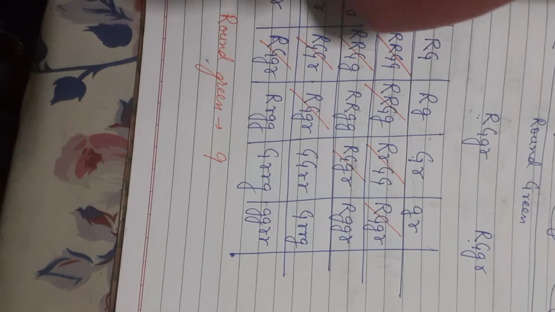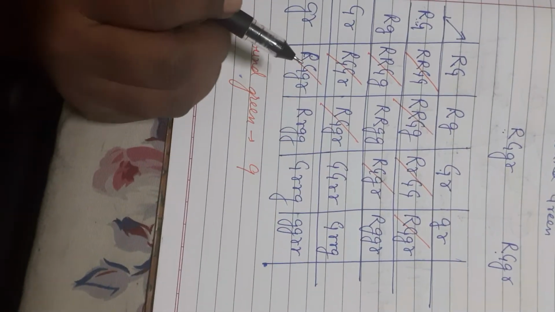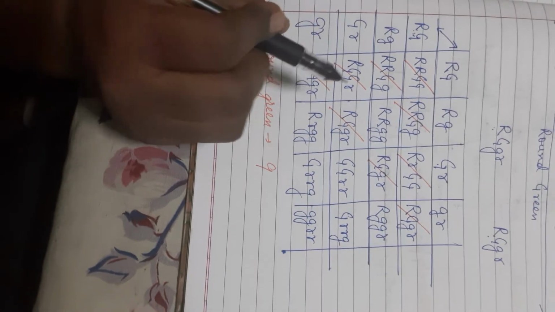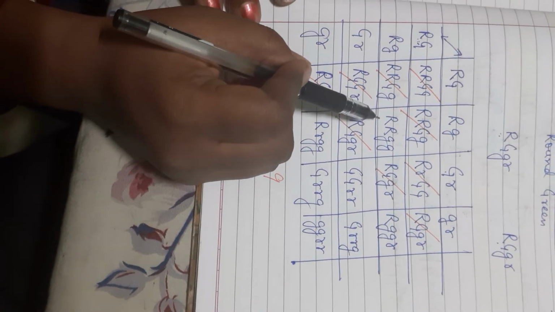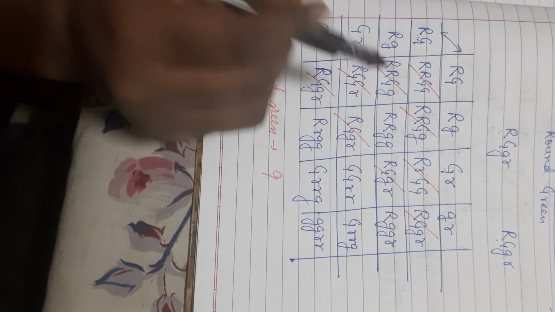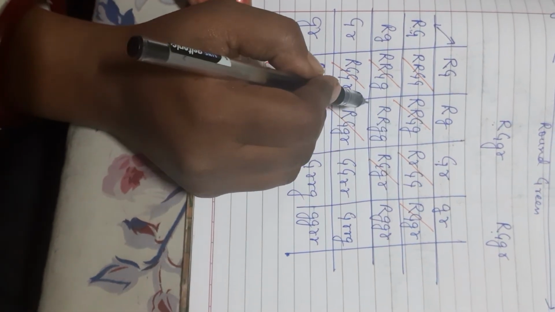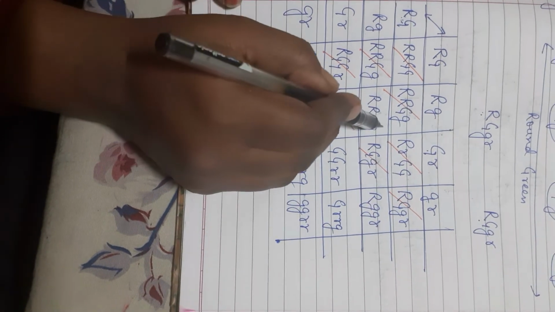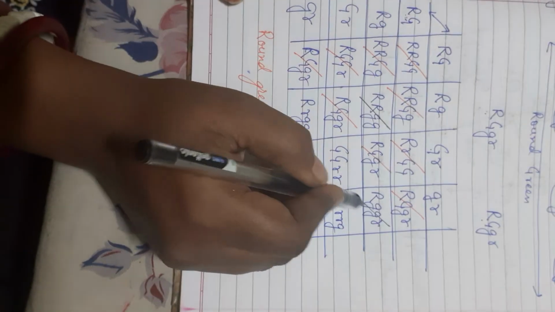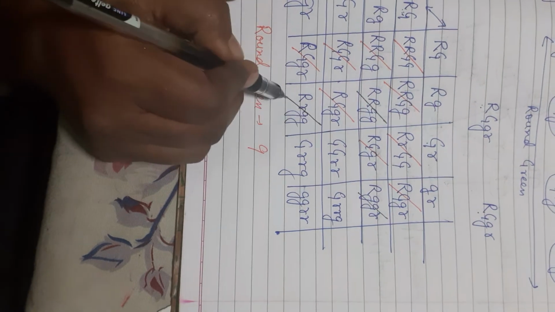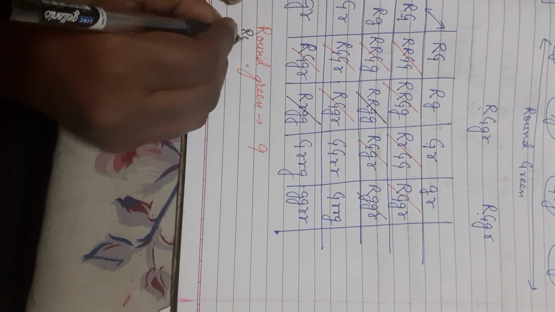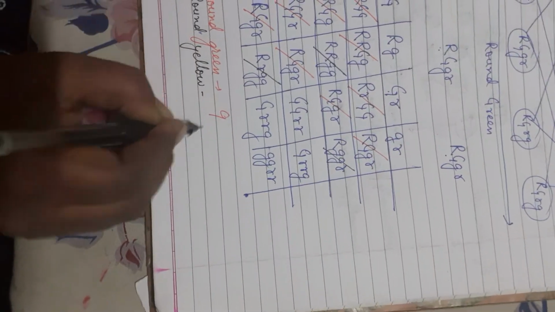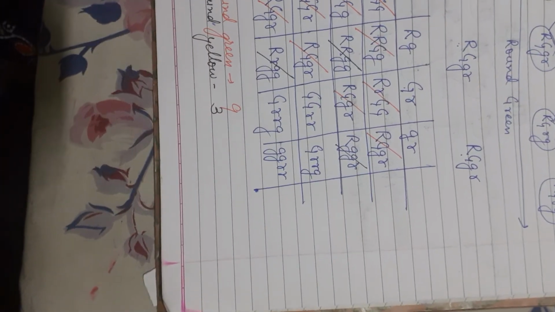Now let us use another pen to see what characters we are having. There can be another type of combination in which there will be capital R but small g. So capital R for round and small g for yellow. This also and this also. So we are having round and yellow. How many are there? 3.